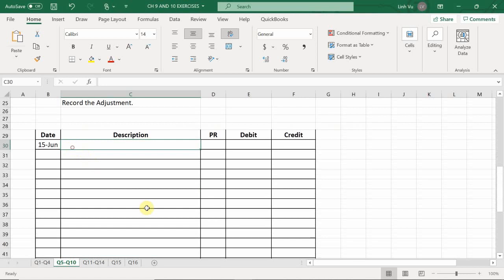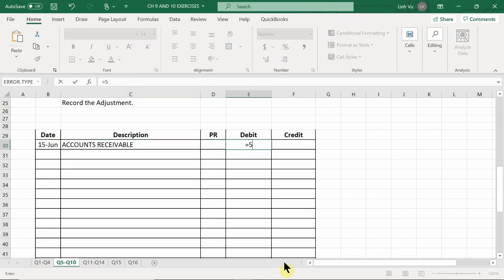If it's on an account, this is going to be accounts receivable, for $5, and they bought 100 of them.